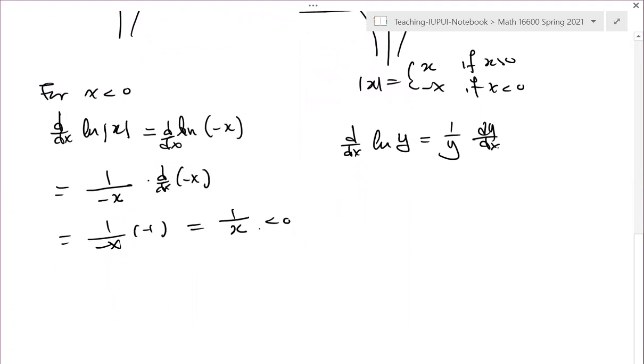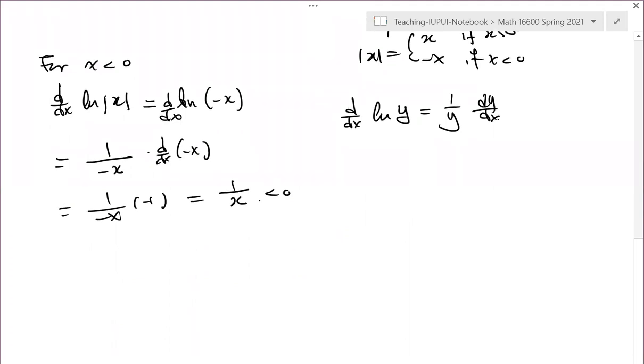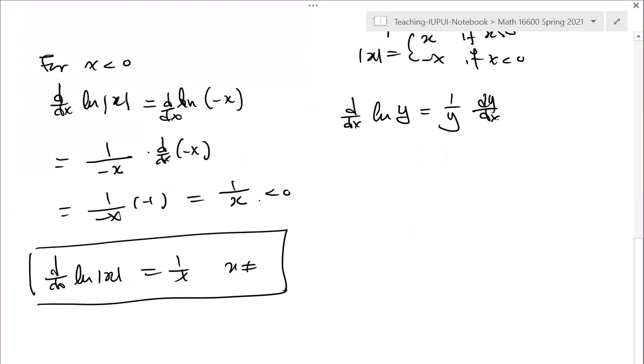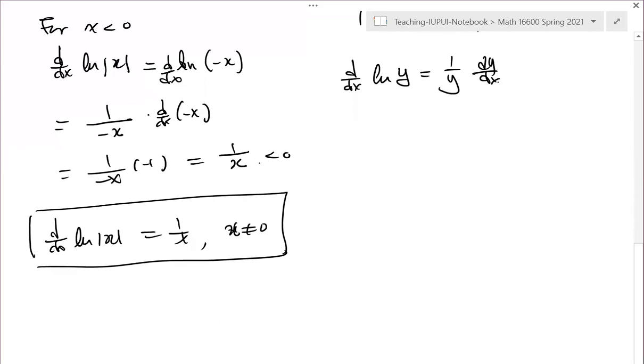So when x is positive, the derivative is 1 over x. When x is negative, the derivative is also 1 over x. So I get the formula, and this is true for x not equal to 0. It's not necessary for x to be positive; x could be negative, could be positive.